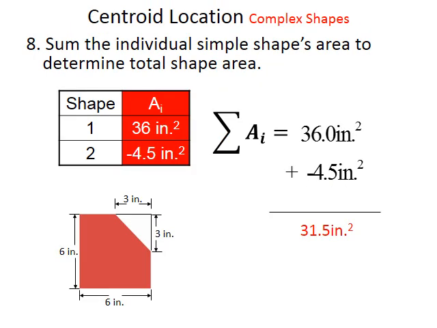If we then look at the denominator where we are summing the areas, again, remember this is one of those gotchas. Because it's a negative area, we've cut it away, we have to subtract that area. The area of the square is 36 square inches. We subtract the area of the triangle, and we end up with 31.5.